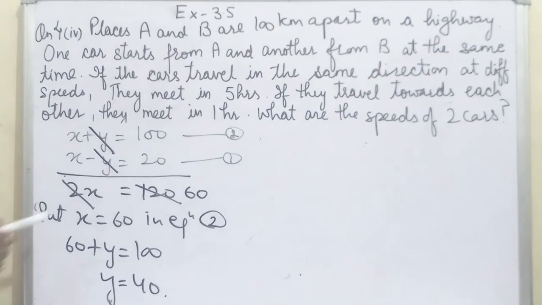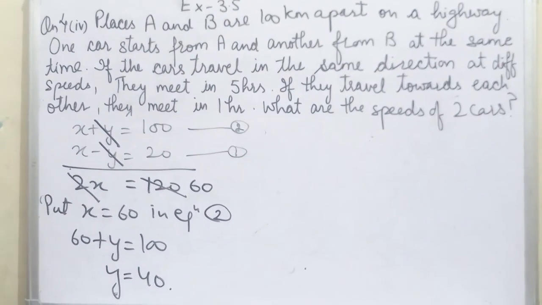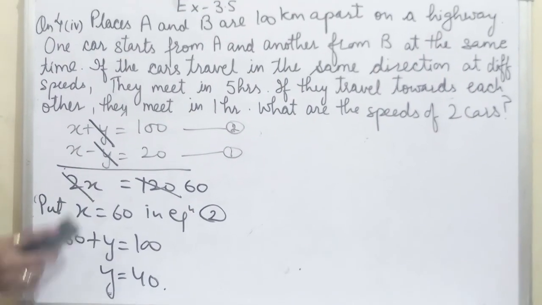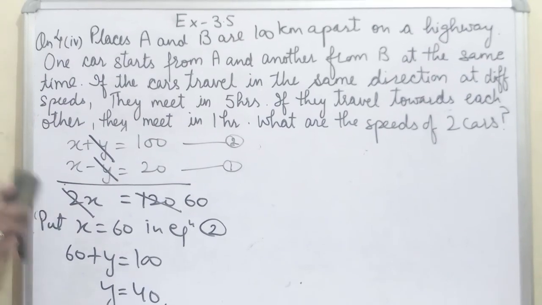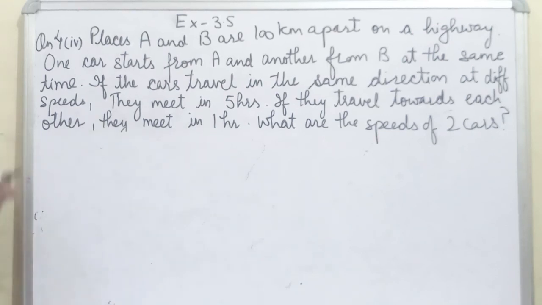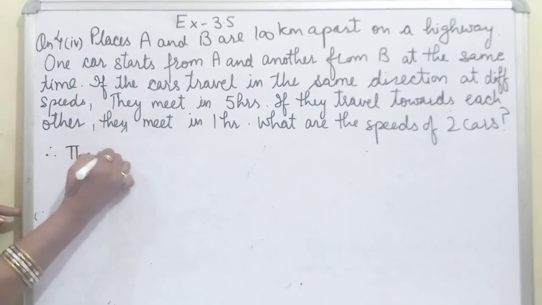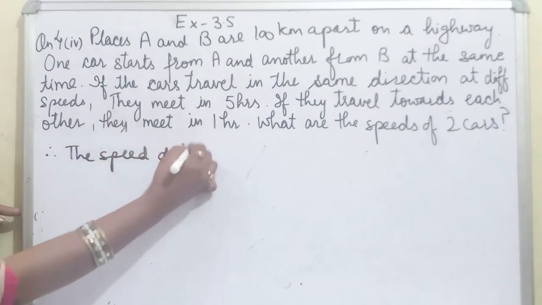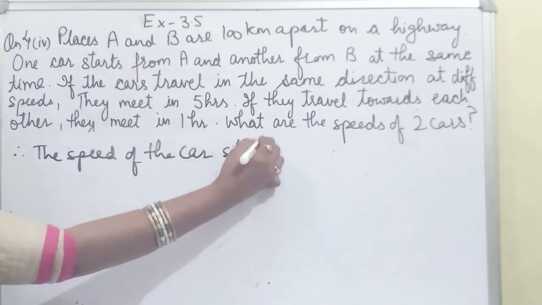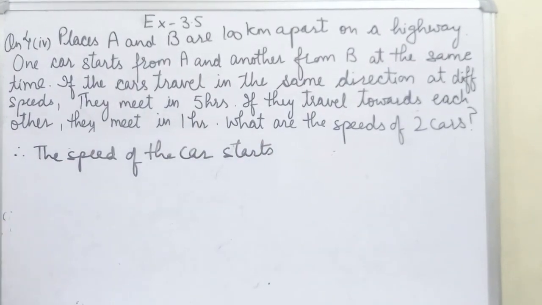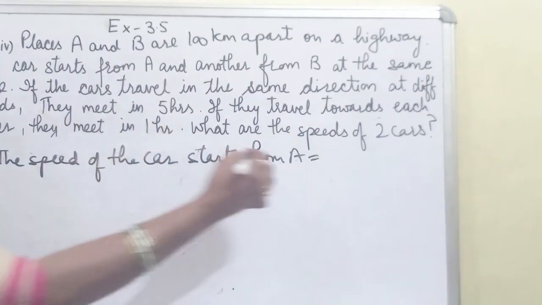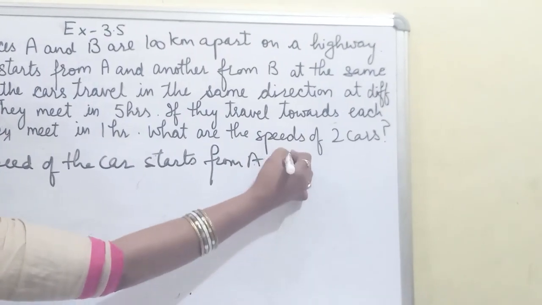Right, now you have the values of x and y, but how do you write the answer? You need not leave the answer in this form. You have to write the answer in a proper way. At last you have to write: the speed of the car that starts from A is equal to, what was the speed?